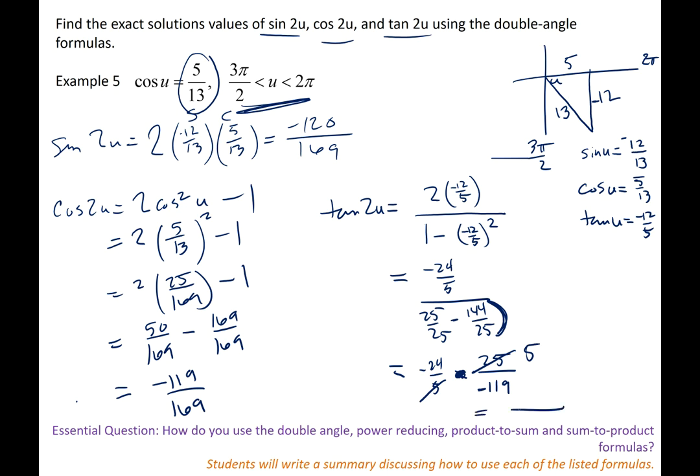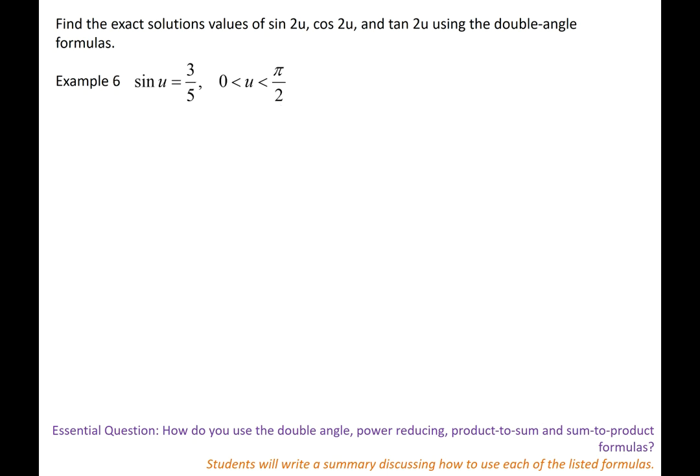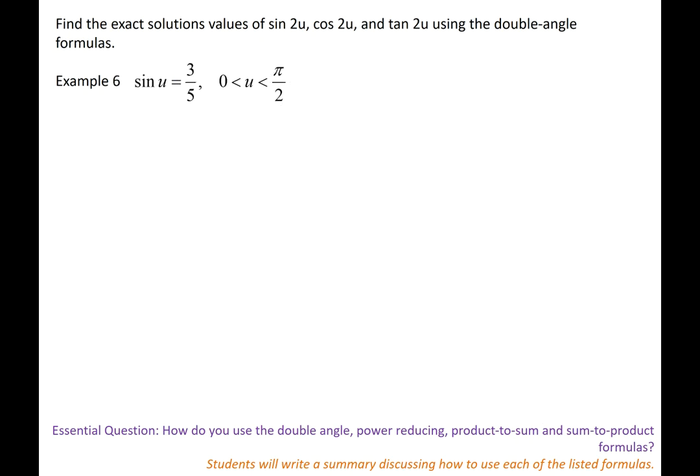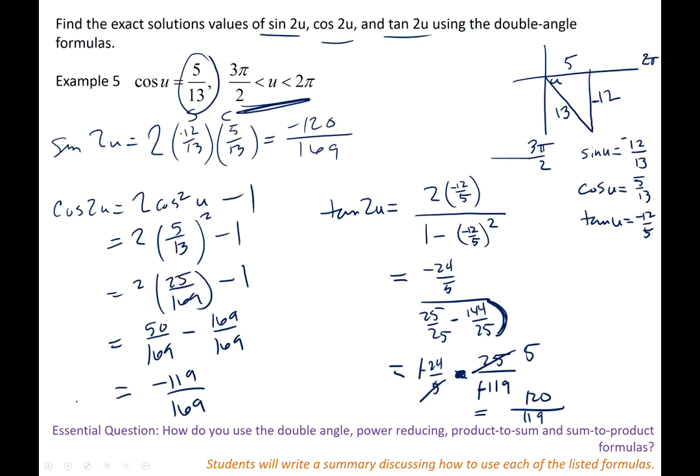Negative and negative, what's going to happen there? Positive. So 24 times 5, and I know it's 119 on the bottom. 120 over 119.